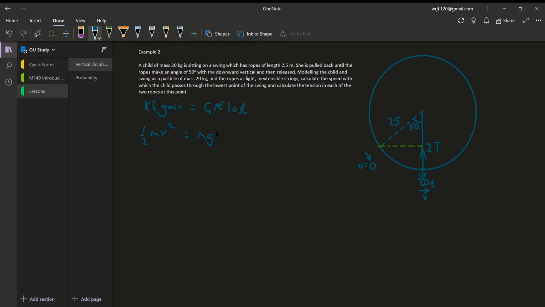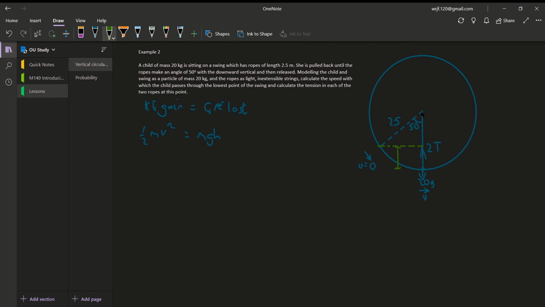mgh, and in this case we need to think carefully about our h. What h are we going to have? We're looking at the change in height, so that's the gap from the green dotted line down to the base of the circle. We've got a radius of 2.5, and with this right angled triangle, the vertical side is the one adjacent to the 50 degree angle.